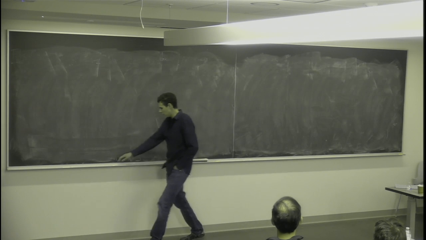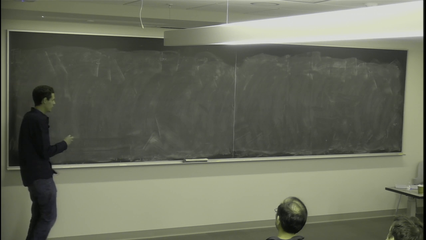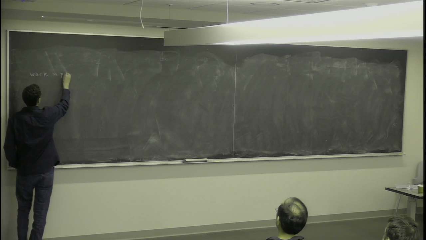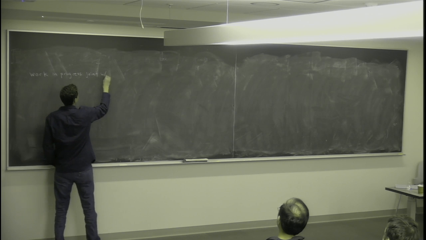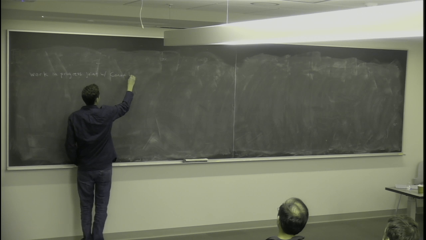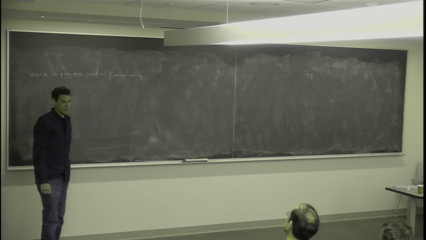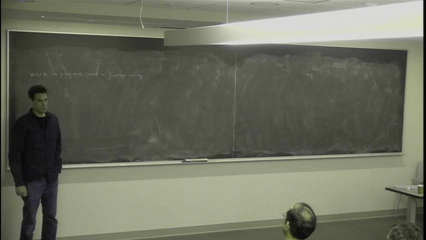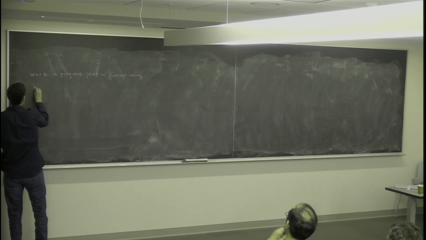So what I wanted to do today is talk about some work in progress joint with Conan Leung. This is based on some ideas in this paper by Ooguri, Ekholm, Ng, and Vafa titled Topological Strings and Demodel.